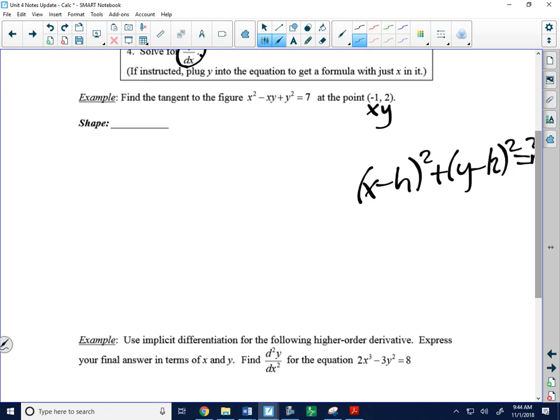Triangle. Square. Trapezoid. Rectangle. Ellipse. I know we did at least some with circles and ellipses in geometry. Do you remember at least doing that? Well, maybe they changed what you did a little bit in algebra 2. Well, anyways, an ellipse, otherwise an oval.